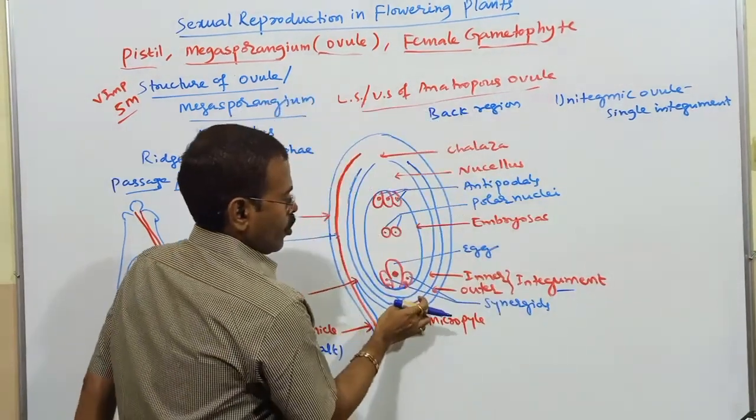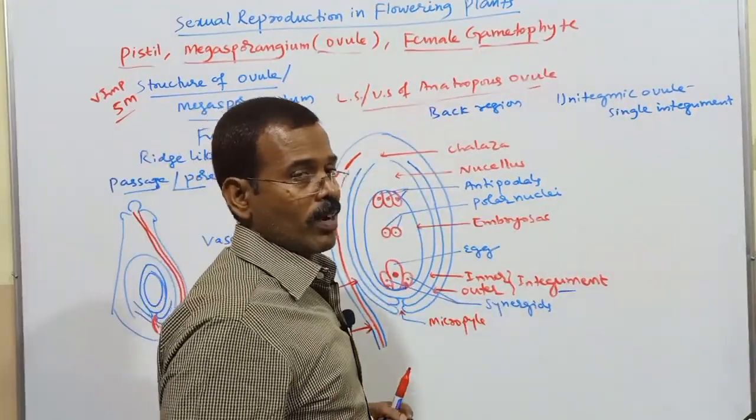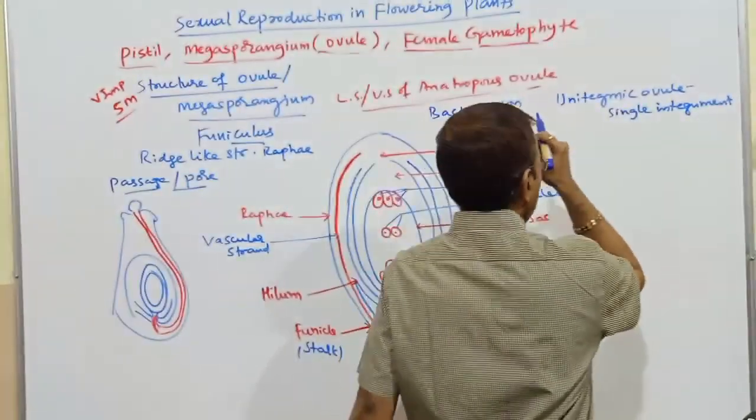In the ovule we drew, there are two: outer integument and inner integument. If the ovule has only a single integument, then it is unitegmic.